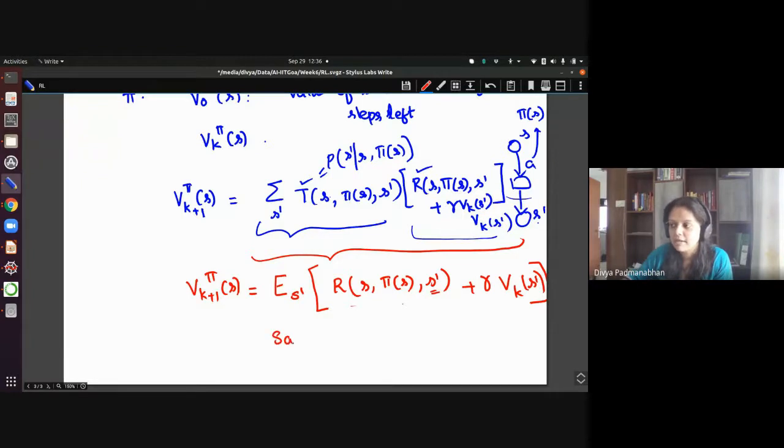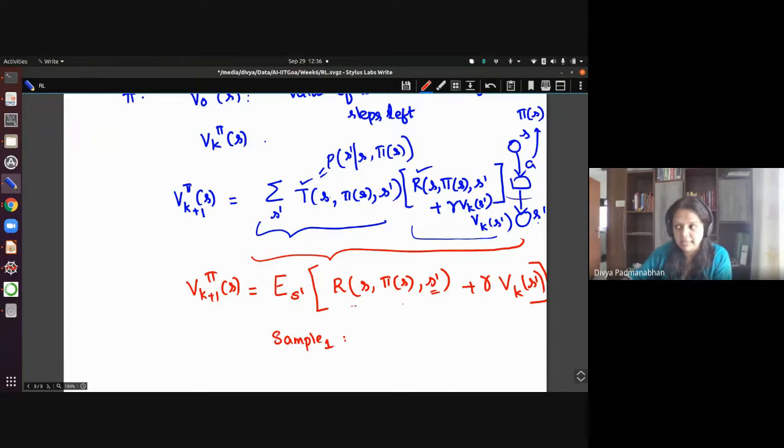Sample 1 is whatever you did with S: you started off with S and took an action. One sample is R of s, pi s, and wherever you actually went to s dash, plus gamma times vk of s dash.